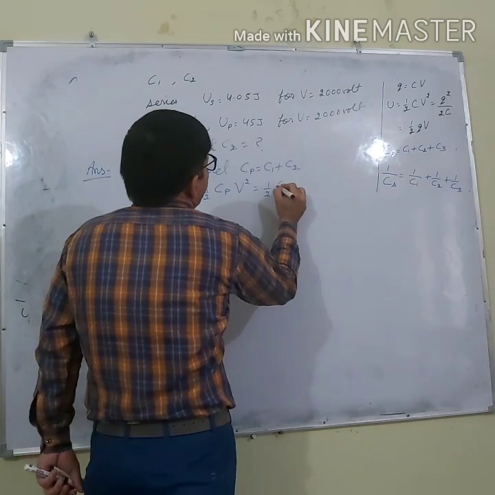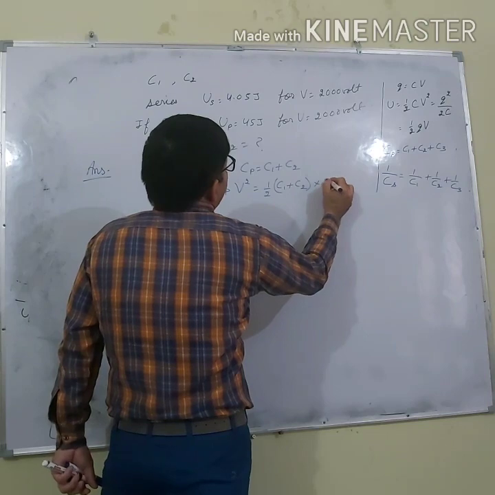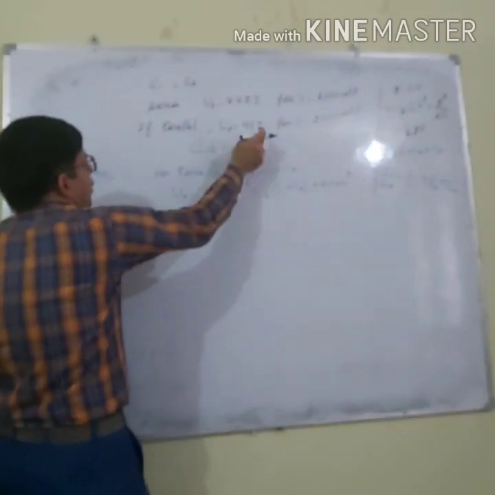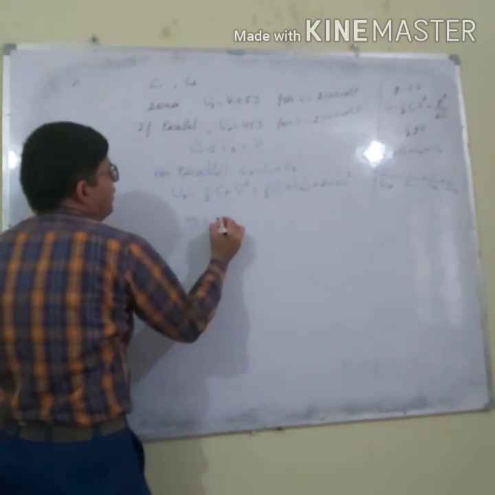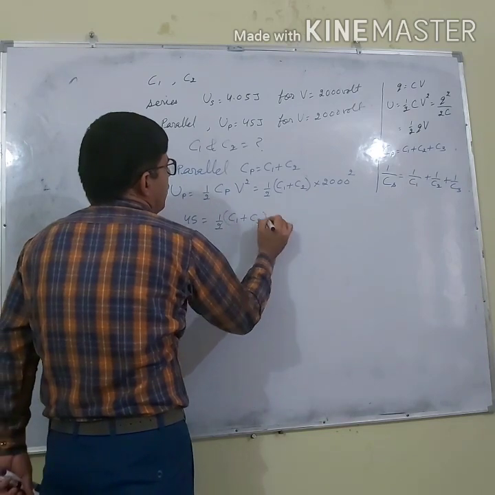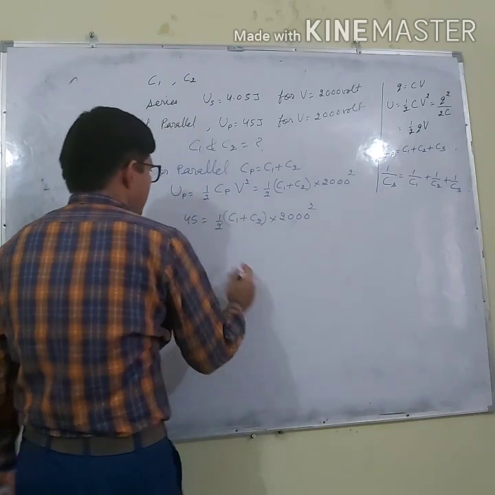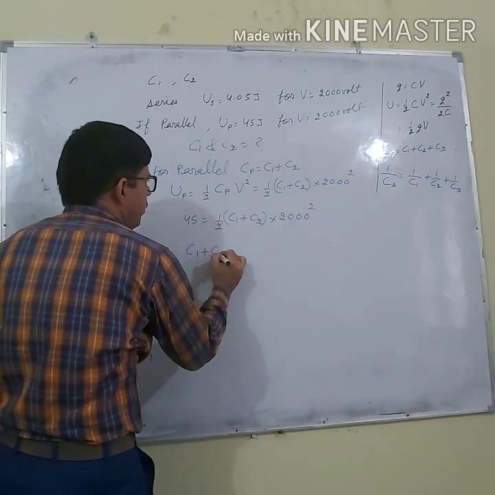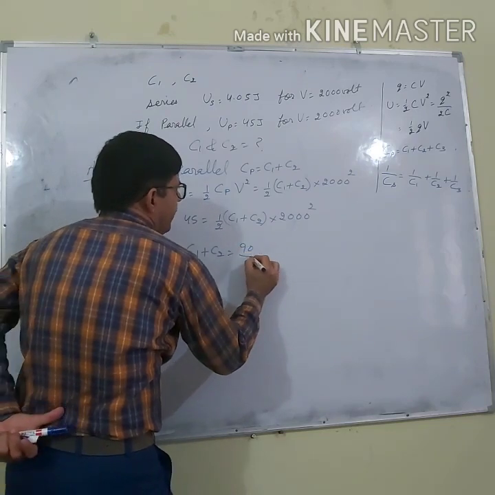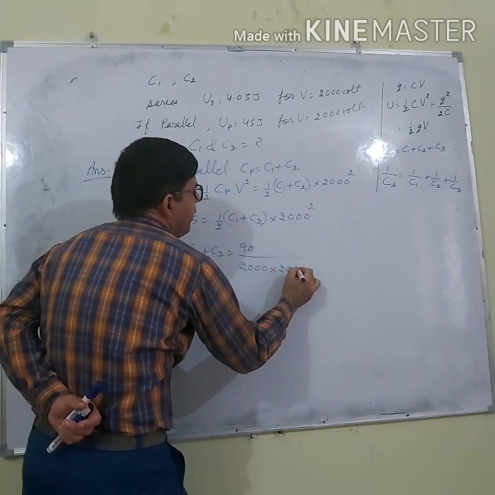This is half of C1 plus C2 multiplied by 2000 square. So 45 is half of C1 plus C2 multiplied by 2000 square. From here I can calculate C1 plus C2. It is 90 divided by 2000 multiplied by 2000.